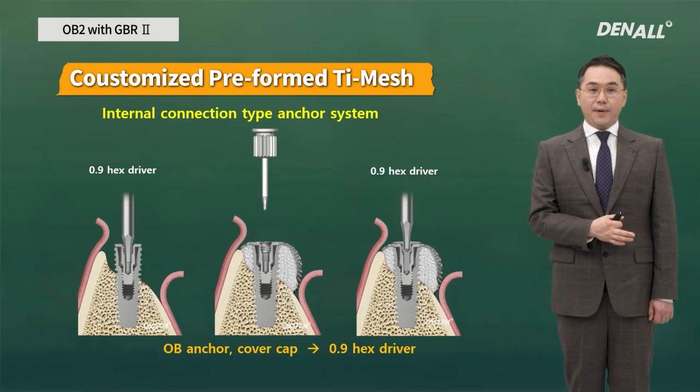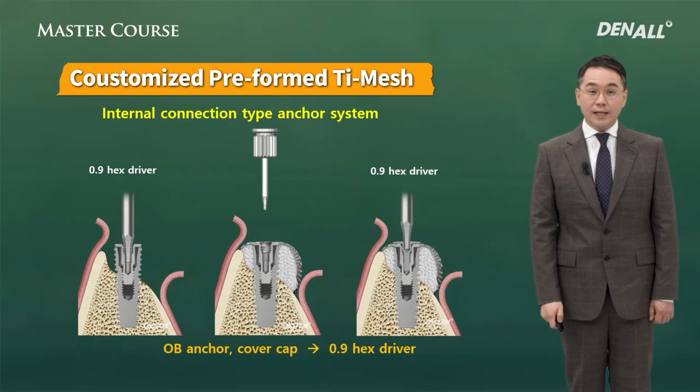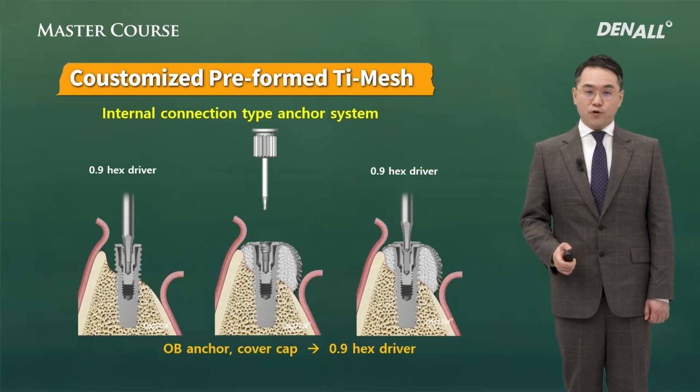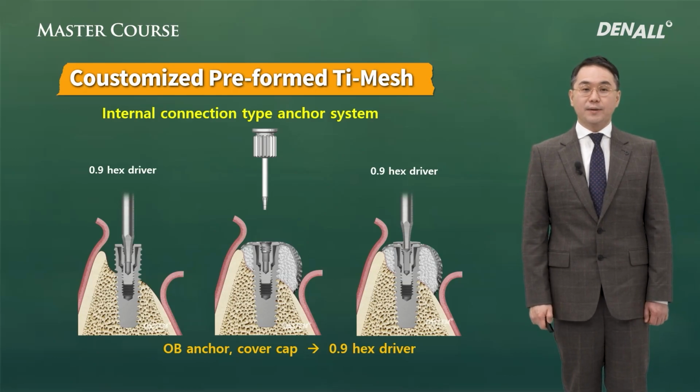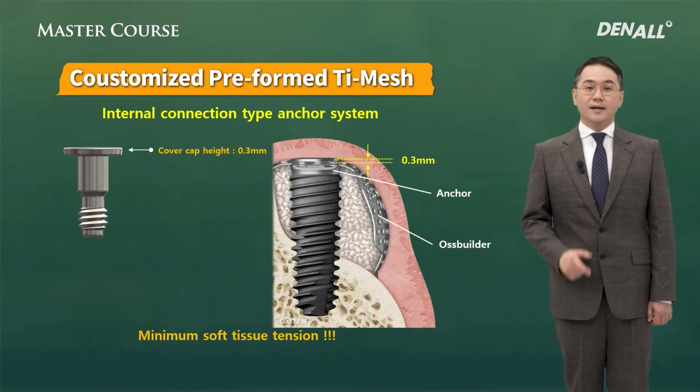When you use external type anchor, you can use 1.2 hex driver. When you use the new internal connection type anchor, you need to prepare yourself with 0.9 hex driver. You also need to find the compatible healing cap or cover cap.